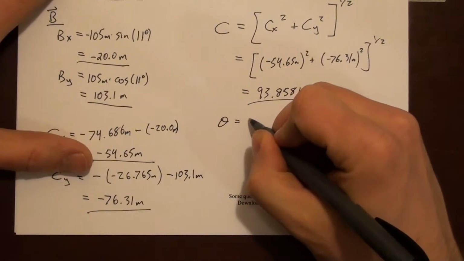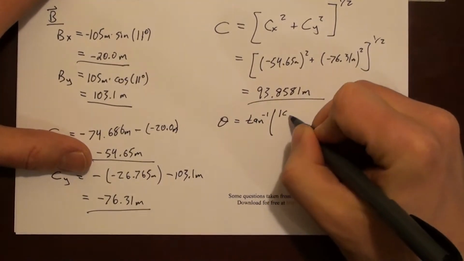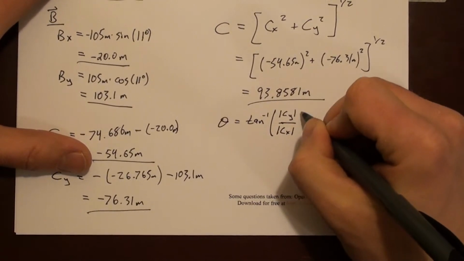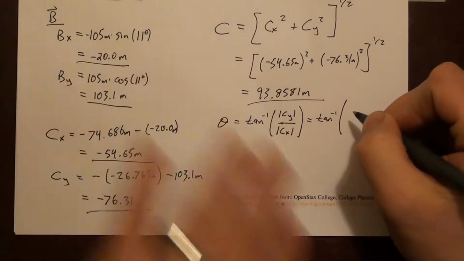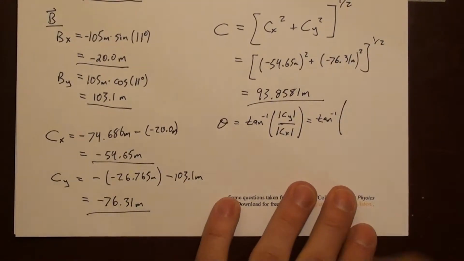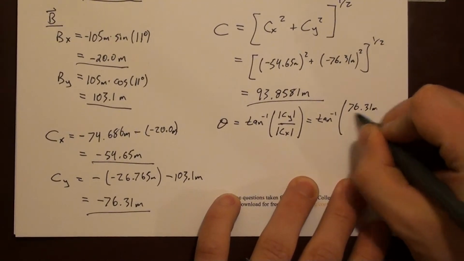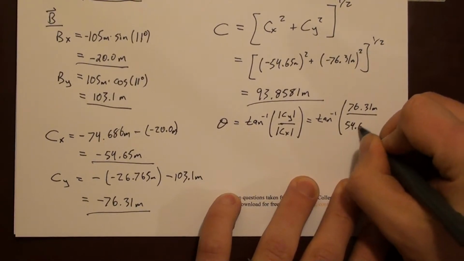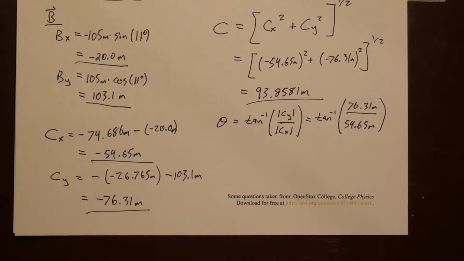So it looks like I need to do arc tangent of c sub y divided by c sub x. So we'll fill that in, arc tangent of 76.31 meters divided by 54.65 meters. And you'll notice I put the positive values in here.